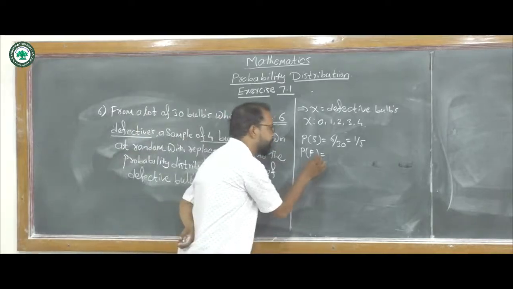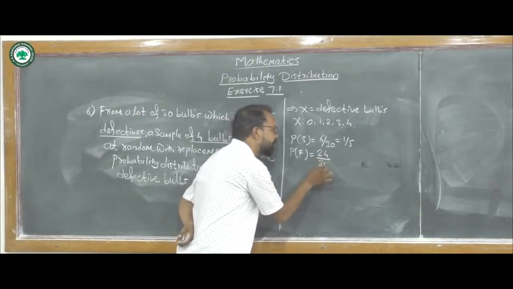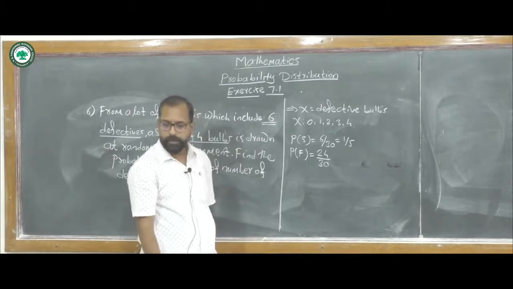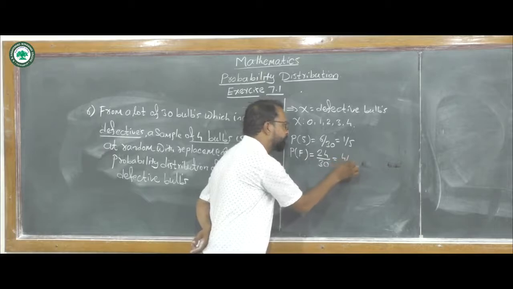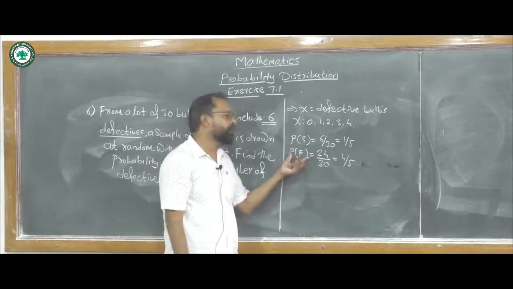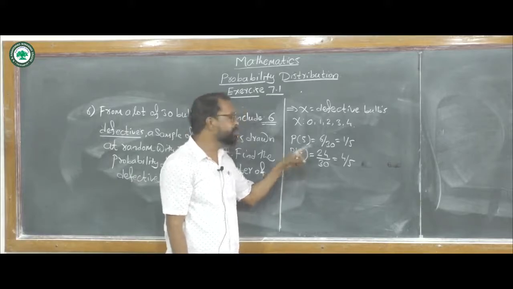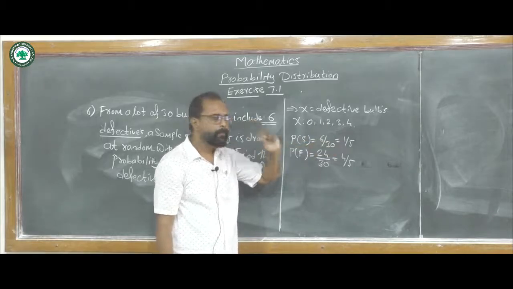So the probability of failure is 24 upon 30, which is 4 upon 5. Or again you can find this probability of failure as 1 minus probability of success.